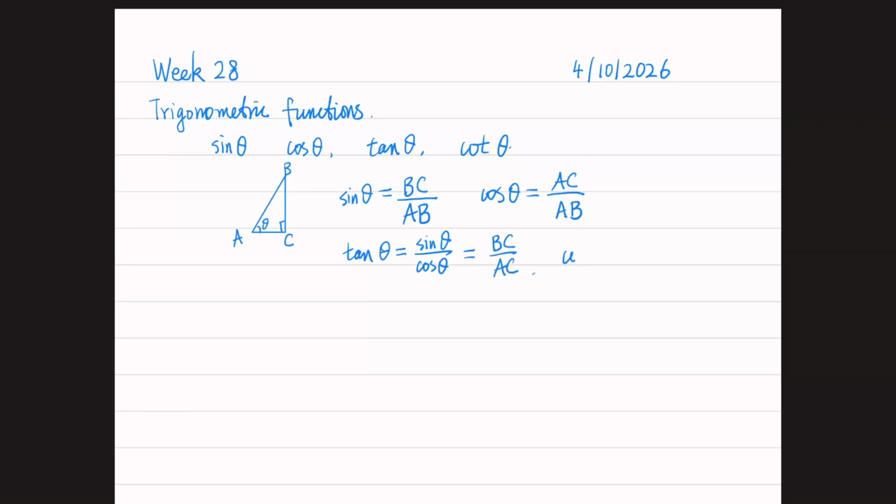Then cotangent. In particular, it's 1 over tangent. Because cosine is in the denominator, for tangent to be well defined, cosine cannot be 0.